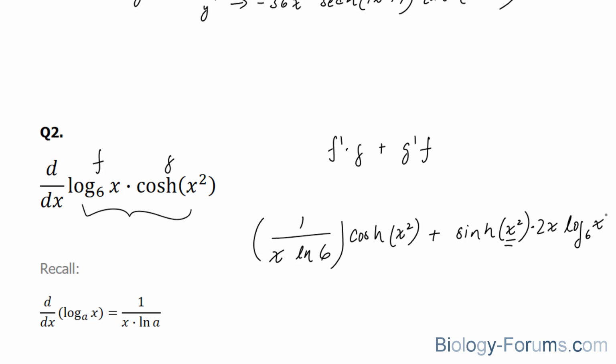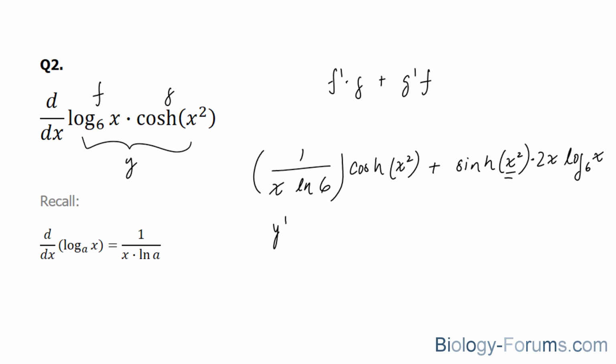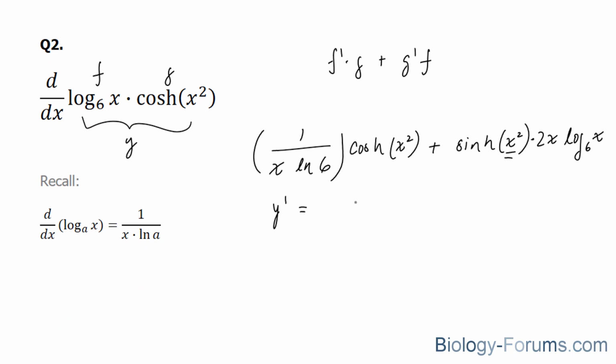Let's see if we can clean this up a little bit. Let's set this to y. So y prime is equal to cosine h of x to the power of 2 over x times ln 6 plus this, which is the same thing.